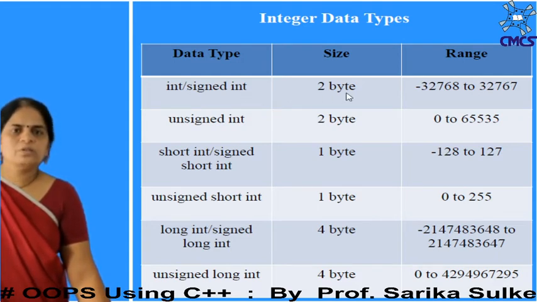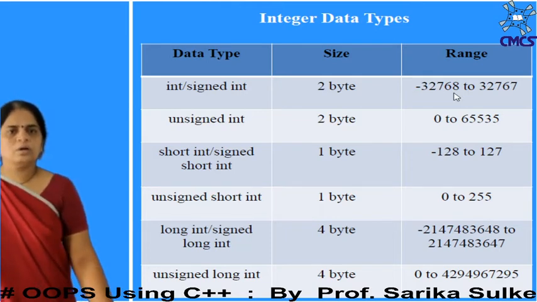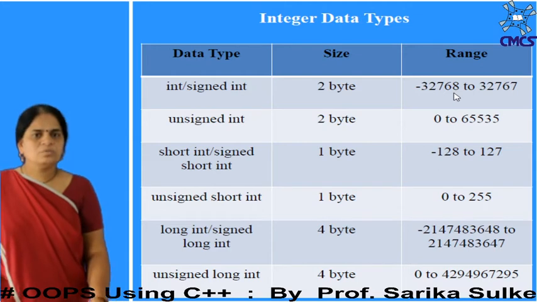It takes 2 bytes of memory, and its range is -32768 to 32767. So range means you can store the value within this range only. अगर आपको 20,000 स्टोर करना है तो 20,000 is within that range.